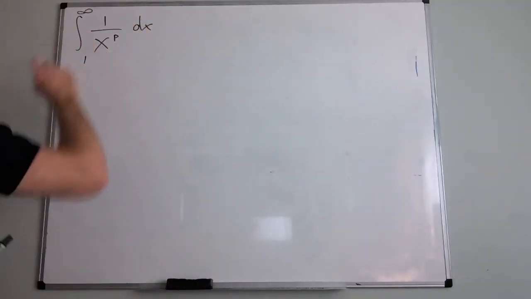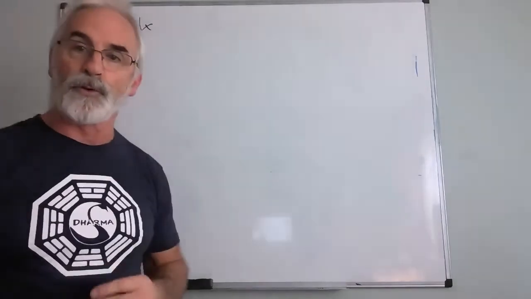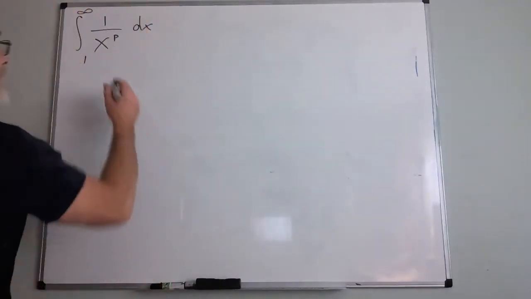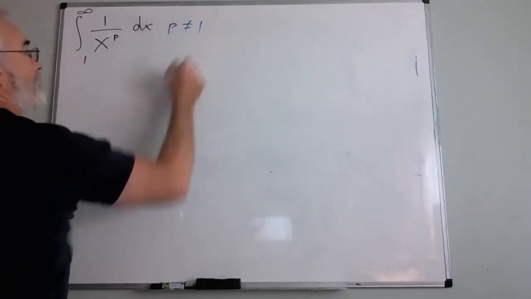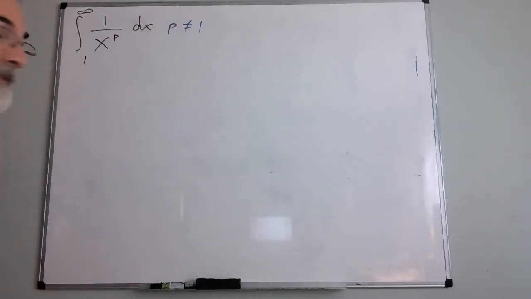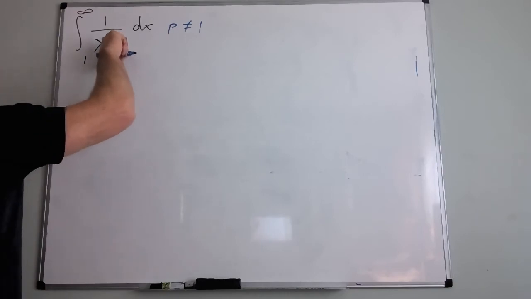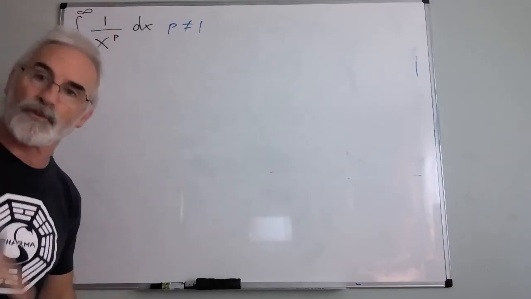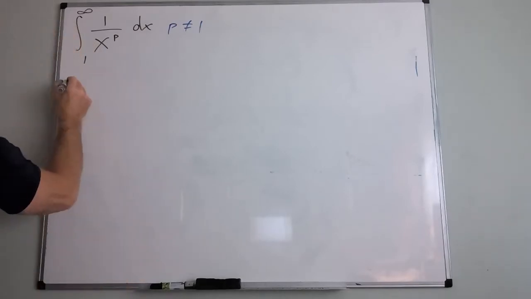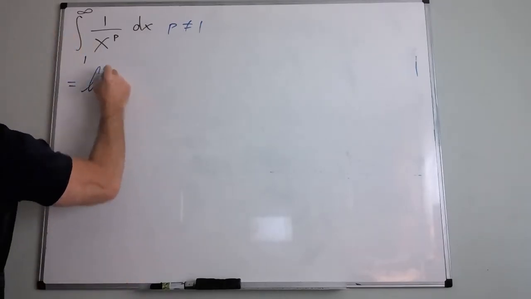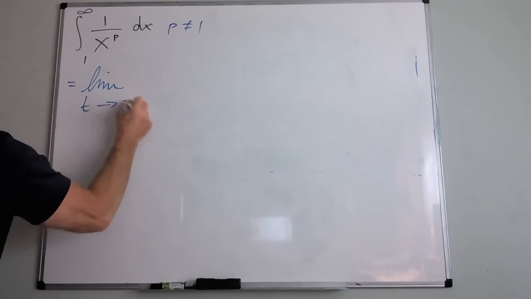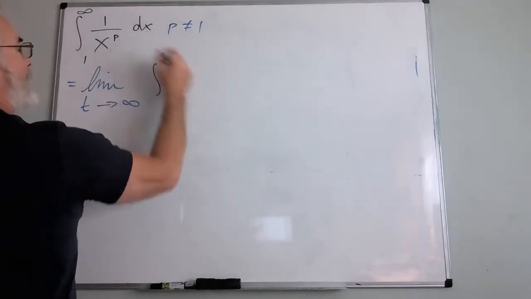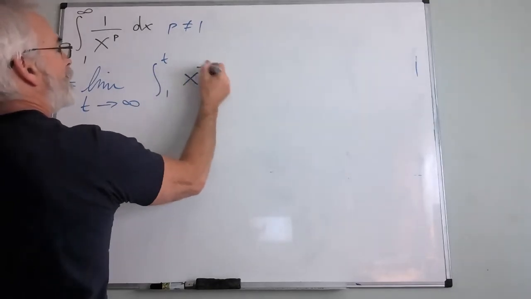Now, remember, we already did the result for p equal 2 and p equal 1. And I know the result for p equal 1 already. So let's say that p is not equal to 1, because I want to be able to integrate this for any value of p except 1. Because remember, 1 over x has a different antiderivative than 1 over x to a power. So if I rewrite this now as the limit as t goes to infinity, I'm partial to t in this case, of the integral from 1 to t, how about I rewrite that as x to the -p?